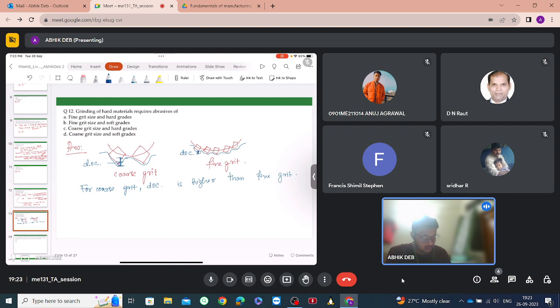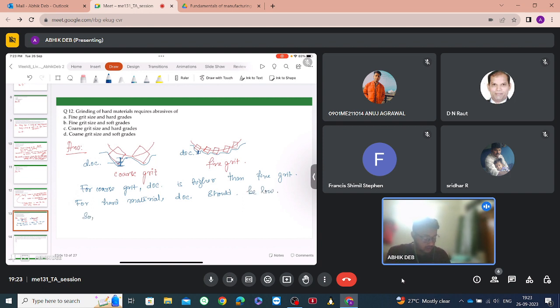Now for hard materials, the depth of cut should be on the lower side for easy removal, because with a hard material you cannot plow and remove so much material in one go, right? You have to use extremely large forces, so depth of cut should be low.